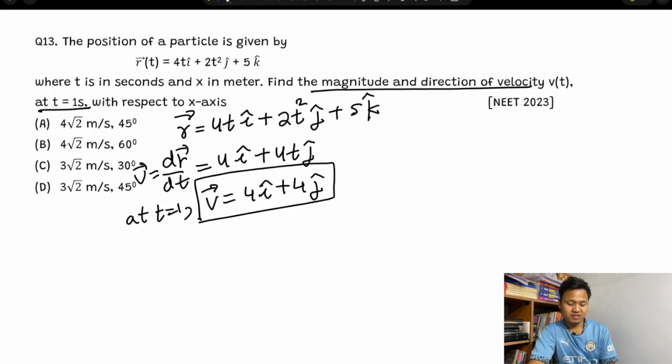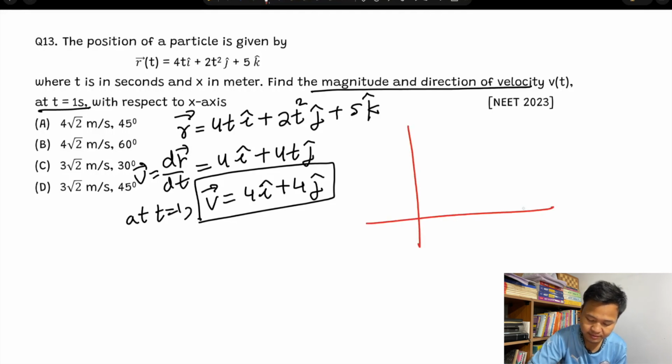Now, the options have a 45 degree angle. I have covered vectors in 2 videos, in the basic part: position vector. Every coordinate point you can represent as a vector. So velocity 4 i cap plus 4 j cap, you can also convert this into Cartesian coordinate points.